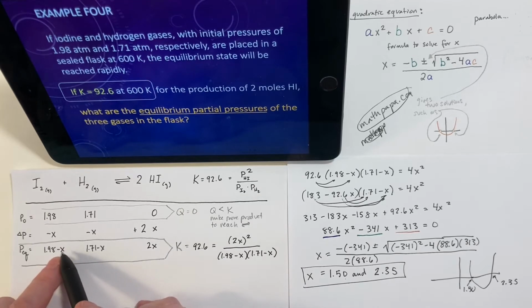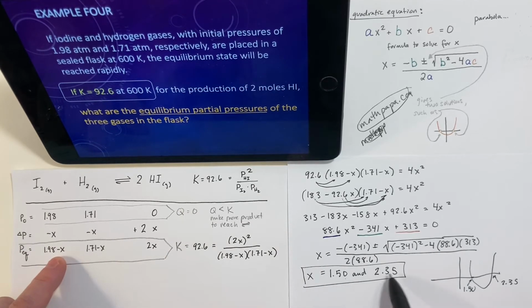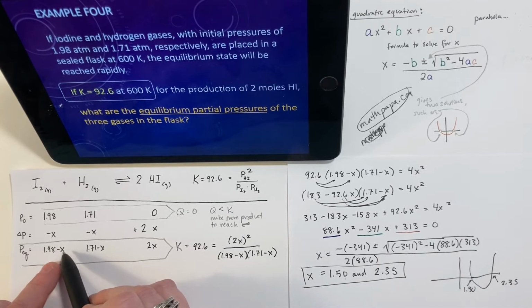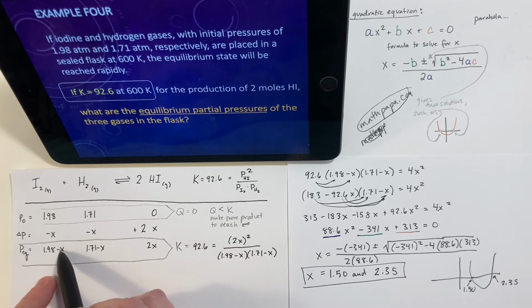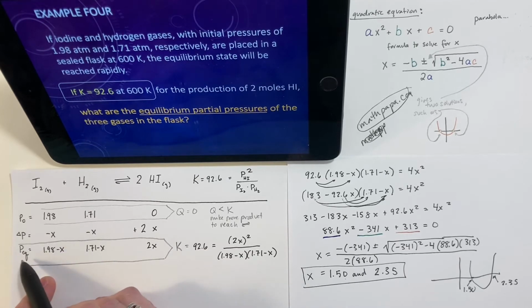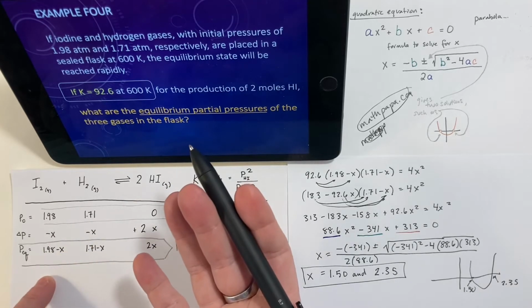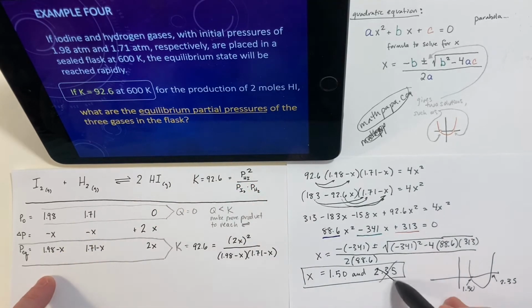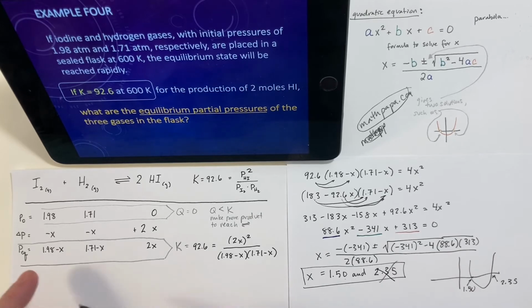Are we going to choose the smaller or the larger? If we chose the larger 2.35 and put it in here, 1.98 minus 2.35 would give us a negative pressure. Well, that doesn't make sense physically. So we're not going to use that one. We're going to use the 1.50. There's only one that will make sense physically.